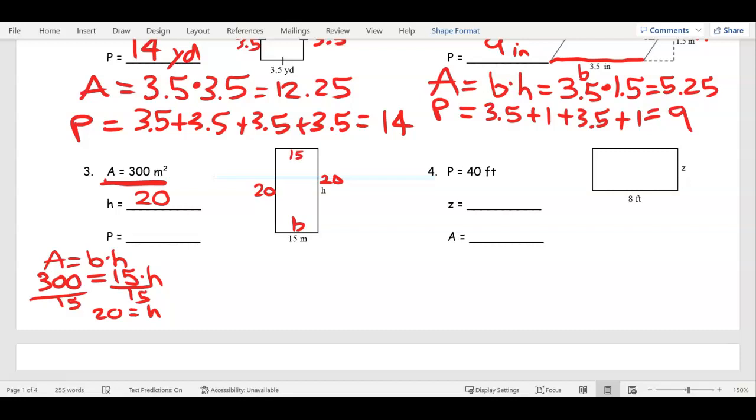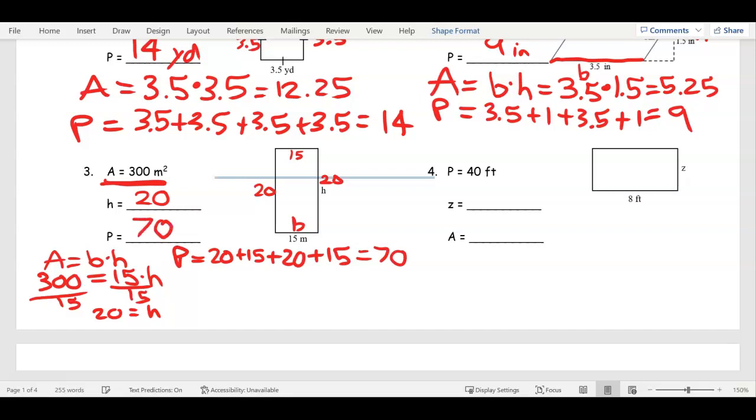Can we find the perimeter now by adding all 4 sides up? We can. 20 plus 15 plus 20 plus 15. If you add all those up, you get 70.